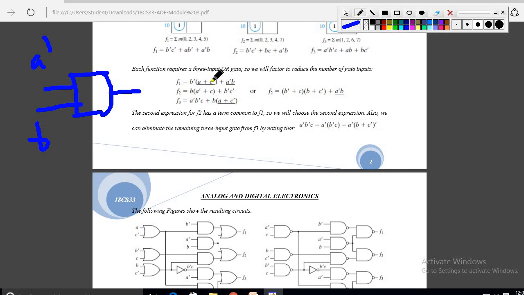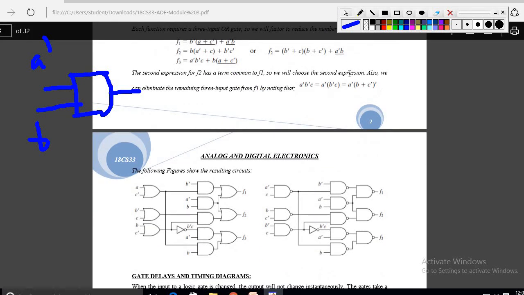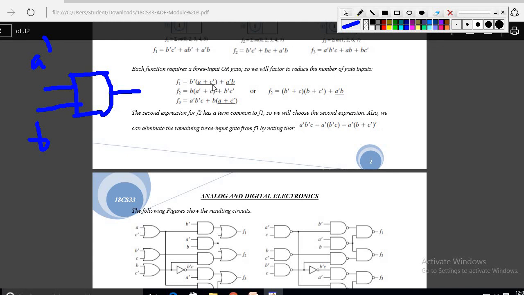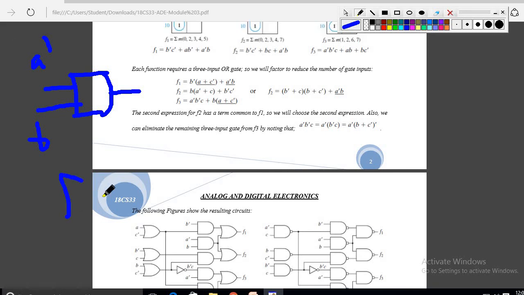Coming to this concept, for a plus c bar one OR gate is required, but for this term and this term an AND gate is required, right? For that reason I am writing an OR gate. Here the inputs are a and c bar, so the output will be a plus c bar.